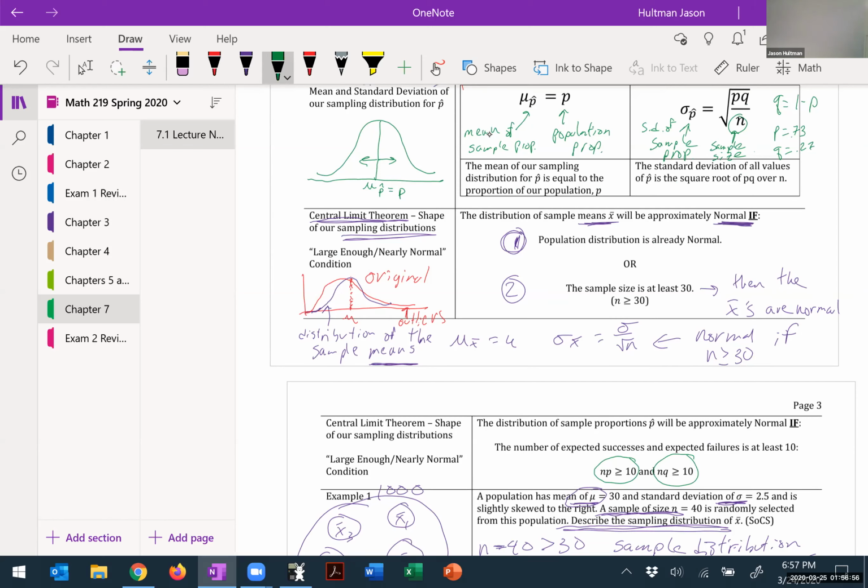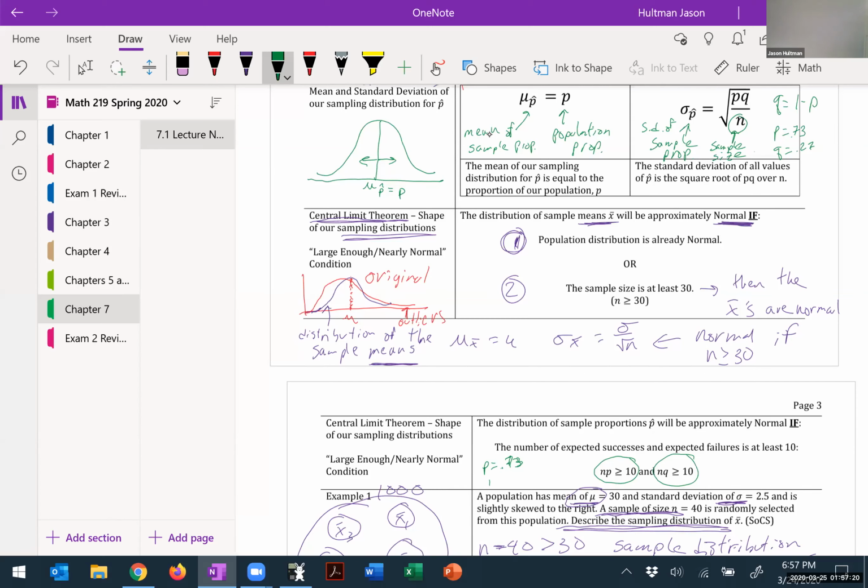So, for example, let P equal 0.73. Is a sample size of 10 big enough?